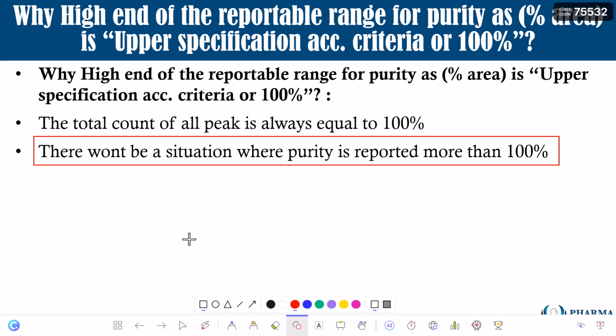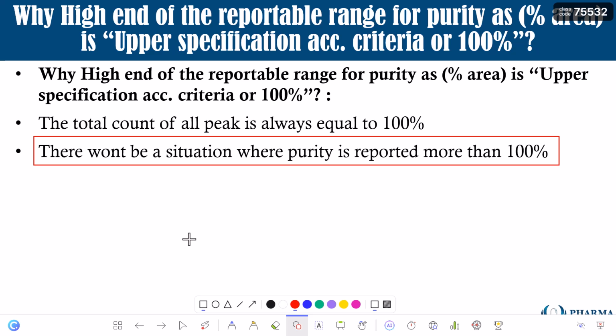What is the component of the area of the desired peak in total peak area? That is called a relative term, and a relative term cannot go beyond 100%. I think that is the strong reason why ICH has not given something like 120%, which is not practically possible. You cannot have the concentration of the desired peak at 120% if you are using the percent area basis.